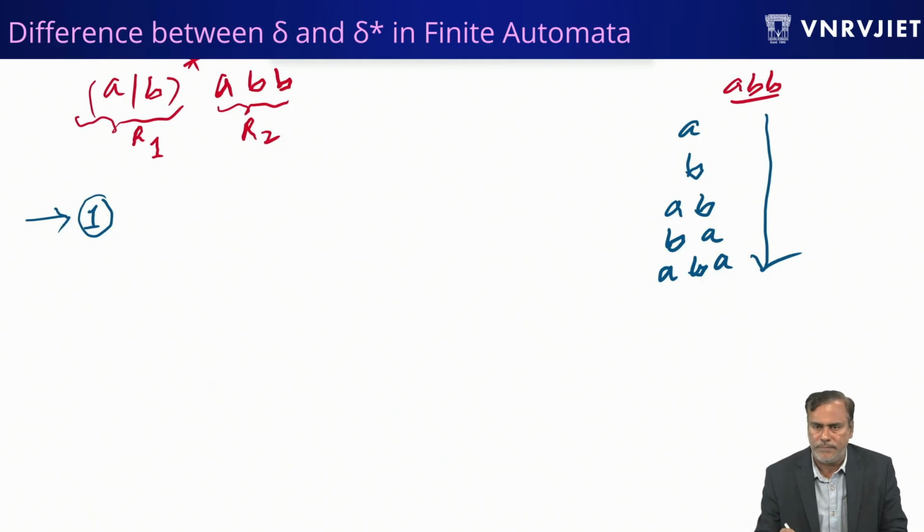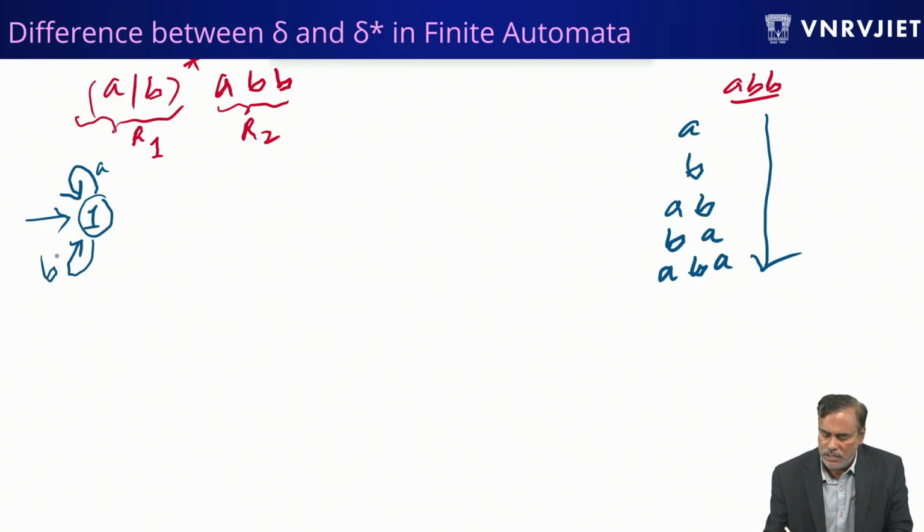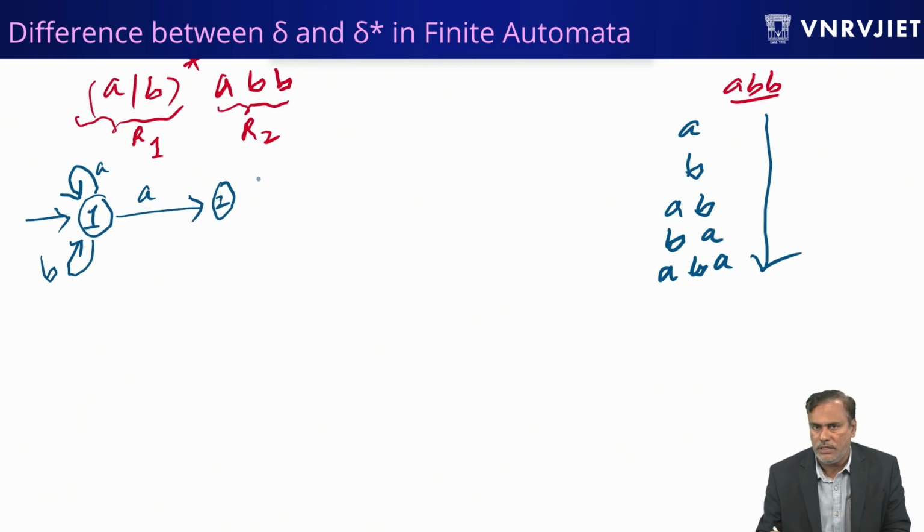So for states, I am using numbers or digits. This is A or B, any number of times, must be followed by A. Let me give the number for this state as 2.